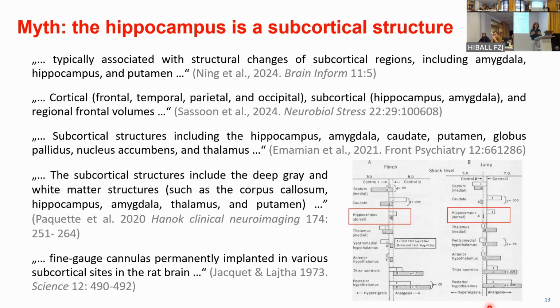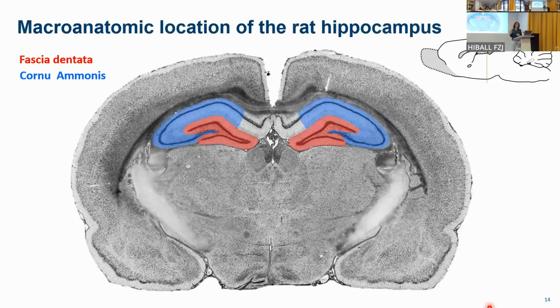I always try to think, where did this come from? And I'd say it's basically just not enough anatomical knowledge of the people that wrote the article. I have seen it most often in the rat literature. When you look here, this is a coronal section through a rat brain, showing the dorsal portion of the rat hippocampus, which is equivalent to the anterior portion of the hippocampus in the human brain.